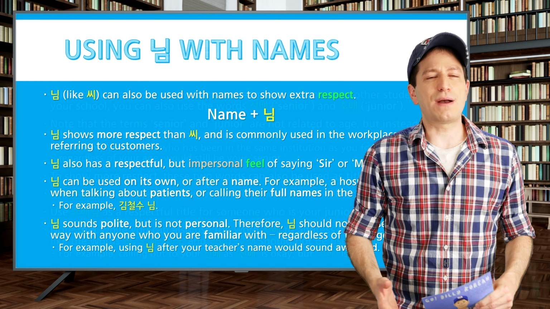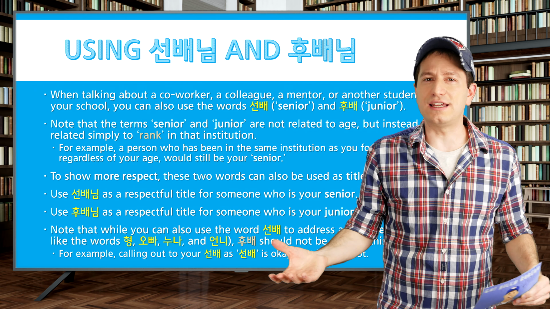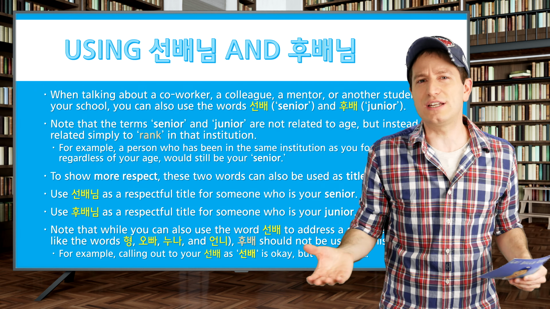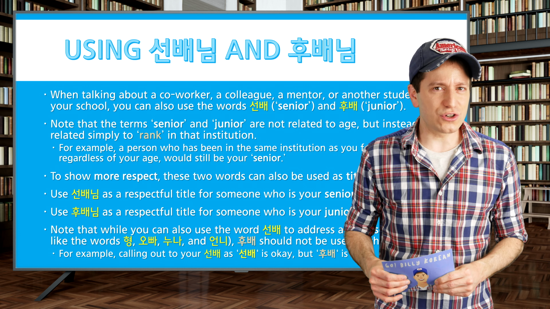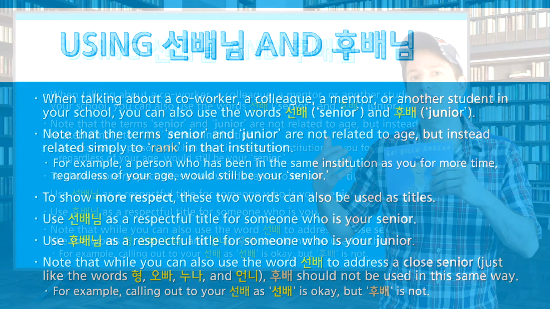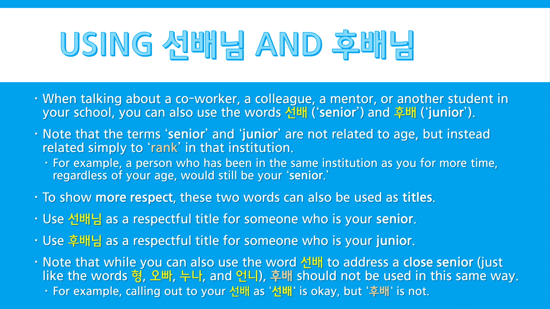But what if you're talking about a coworker or a colleague or a mentor or another student at your school? Well, you can also use these words 선배 and 후배. 선배 means senior and 후배 means junior. Note that the terms senior and junior are not related to age, but instead related simply to rank in that institution.